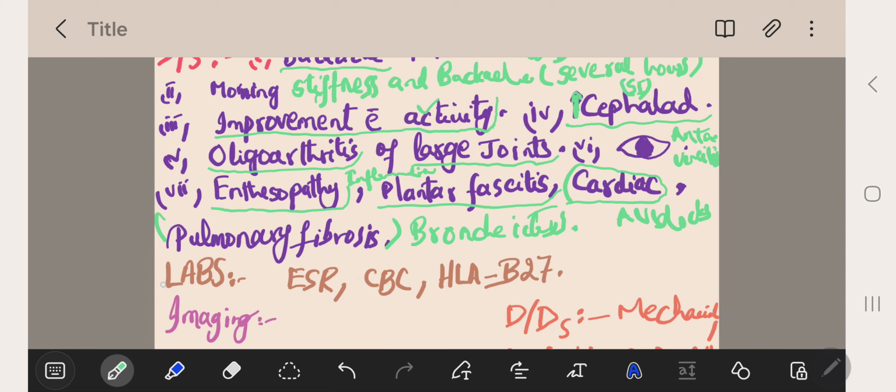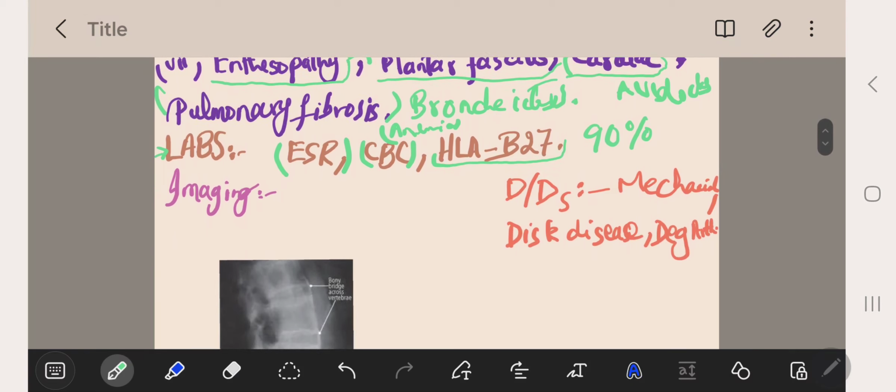If you want to diagnose this disease, then you have to do some labs like ESR, which is raised. You will do CBC. You can see that there is anemia of chronic disease, but this anemia is not too much marked. Furthermore, there is an association with HLA-B27, and about 90% of patients with ankylosing spondylitis have HLA-B27.